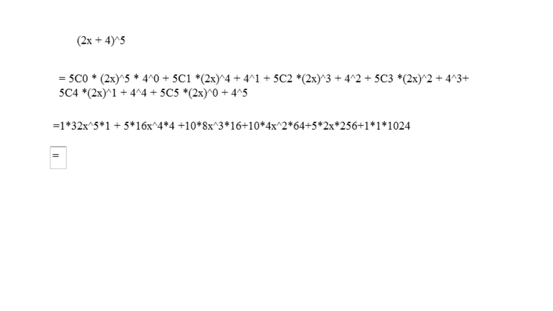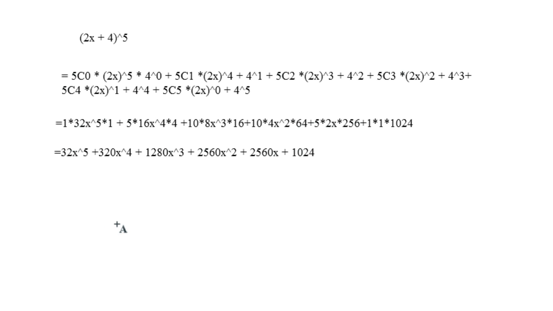The shortened version is going to look like this: 32x to the 5th plus 320x to the 4th plus 1280x to the 3rd plus 2560x to the 2nd plus 2560x plus 1024. And that's how you do binomial theorem.